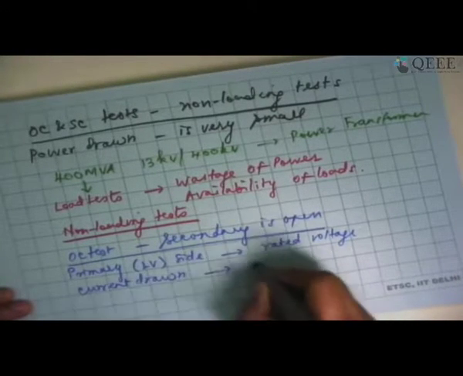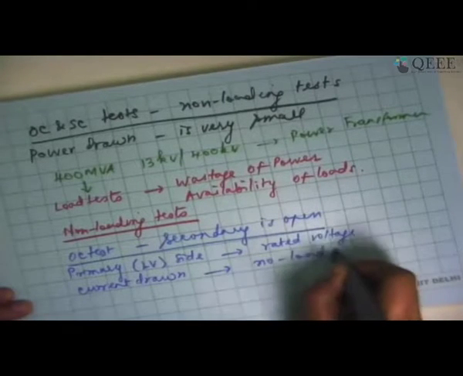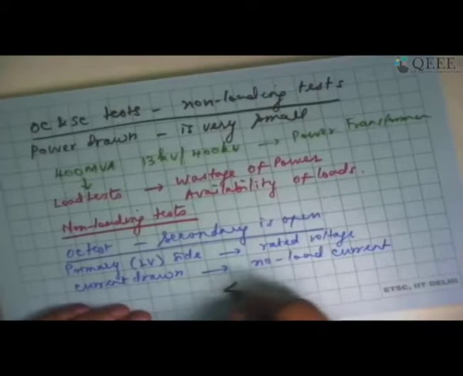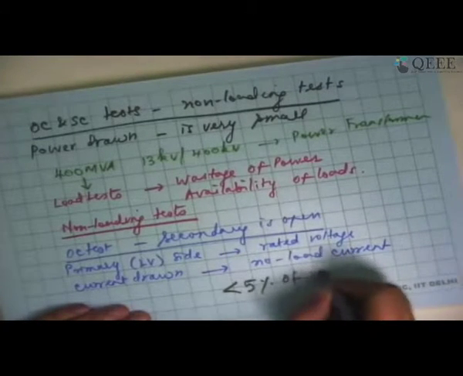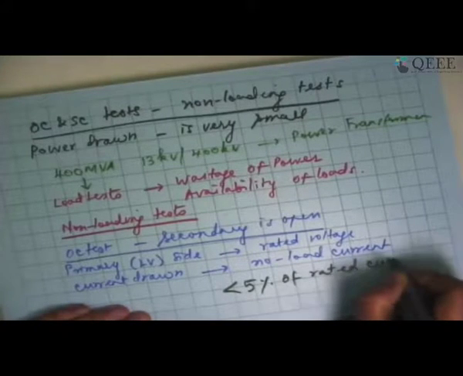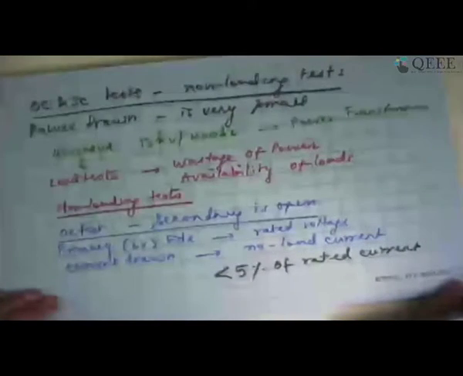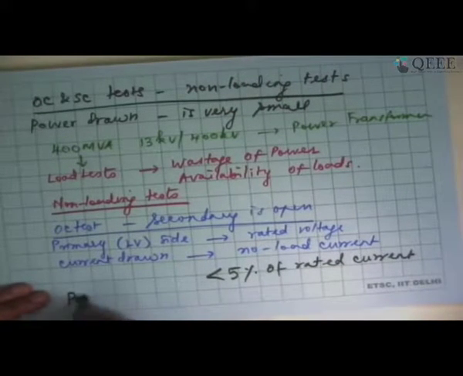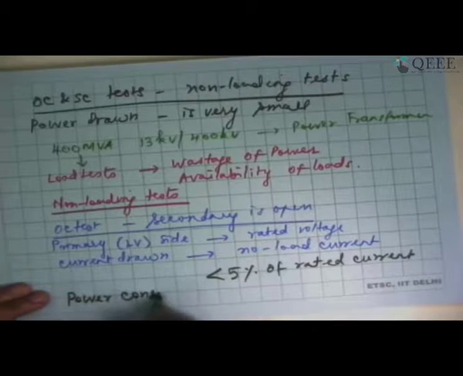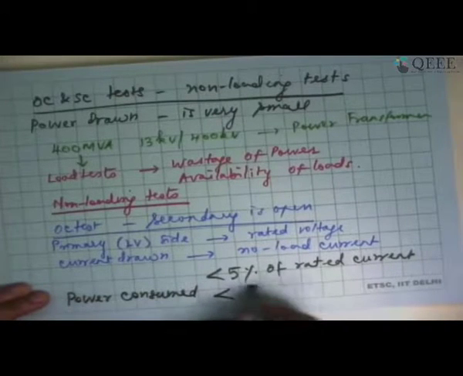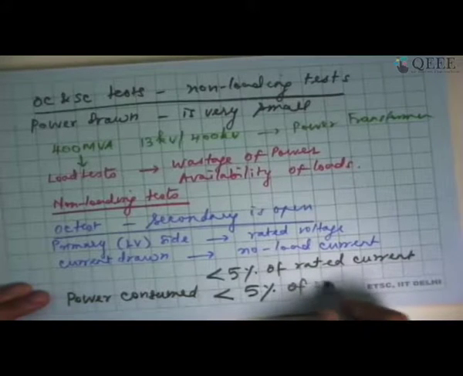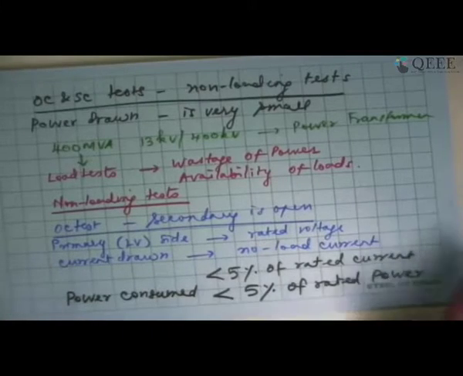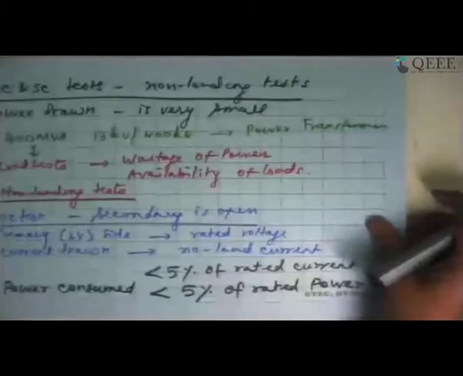Current drawn is only no load current, and we already said that the no load current is normally less than 5% of rated current. So you can imagine, if the voltage applied is rated voltage, but the current is less than 5% of rated current, the power consumed in all probability will be less than 5% of rated power. That's why we say it is a non-loading test. We are not going to really load the transformer much at all in this case.